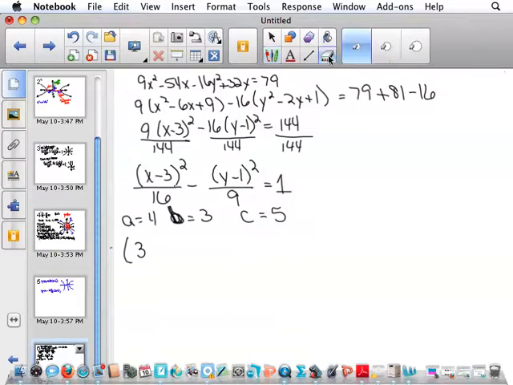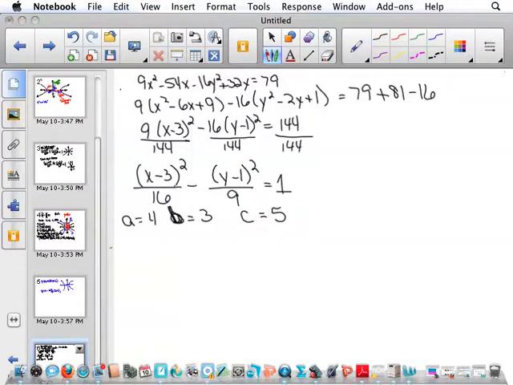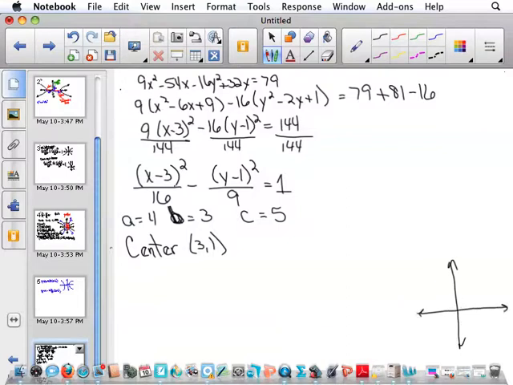Actually, let me write that. Okay, the center is at 3, 1. This opens left and right. Try to put a little picture down here. It's going to open left and right, so my center is at 3, 1, and it's opening left and right.